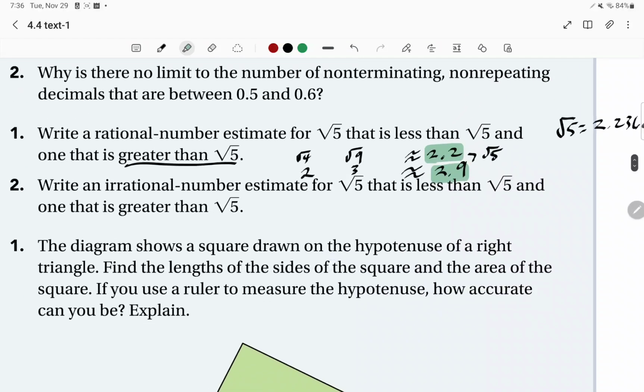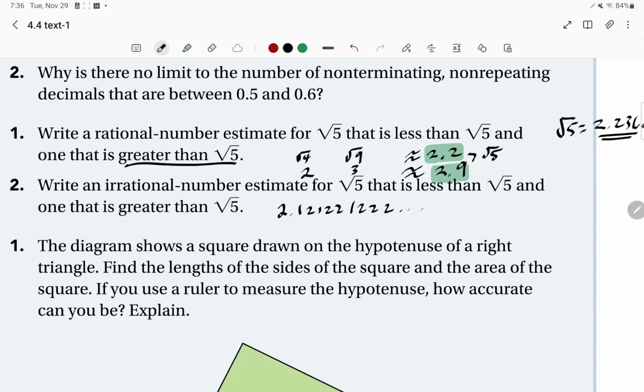Now, on the next one, if you haven't tried this, pause the video and try this on your own. But on the next one, it wants an irrational number approximation. So let's go off of 2.2 and make sure it's less than this, though. So let's do 2.121221222 and so forth.